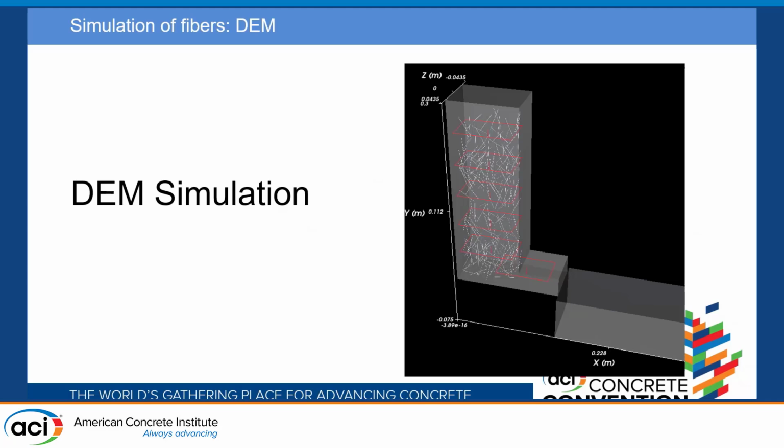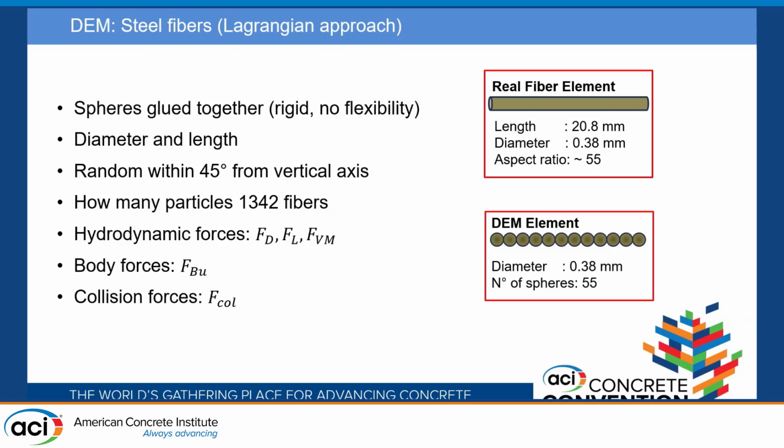And now we have to take care of the discrete element method simulation. We have fibers of around 20 millimeters in length, 0.38 millimeters in diameter, an aspect ratio of about 55. We replace this fiber with several spheres of 0.38 millimeters, which makes 55 spheres to mimic the behavior of the actual fiber.